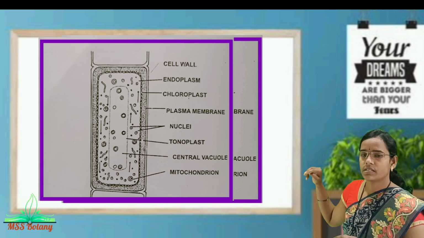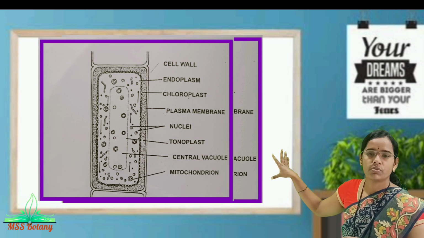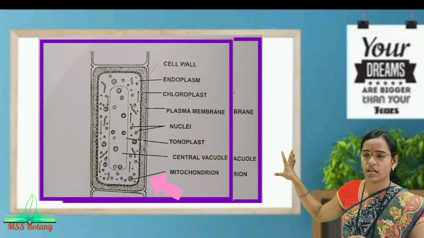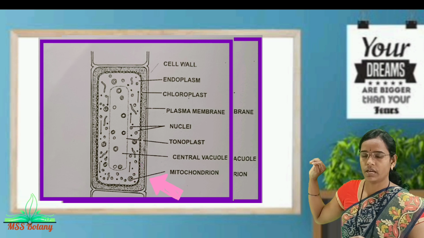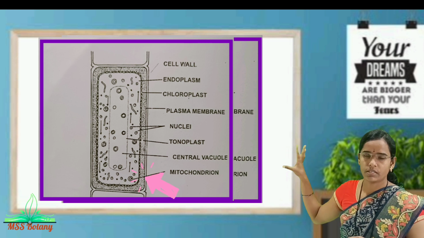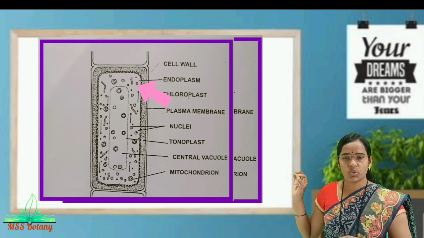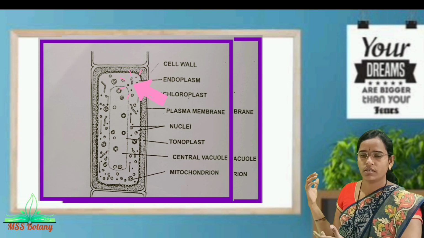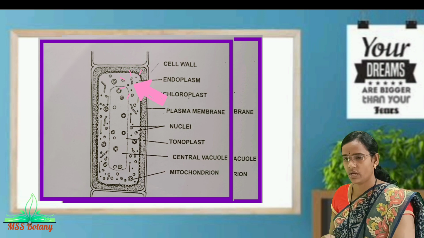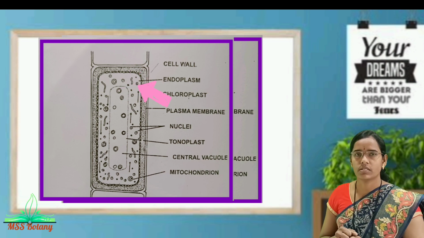The exoplasm consists of chloroplasts, that is, they have the chlorophyll pigment in that layer. And the endoplasm consists of the nucleus, and this nucleus divides to form many nuclei. This is the structure of the cell.